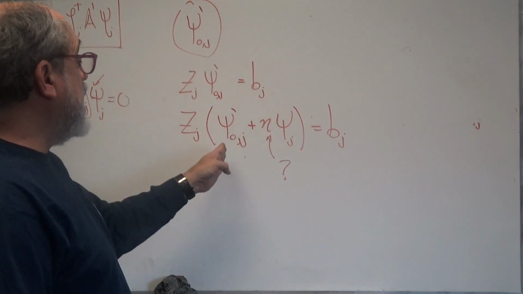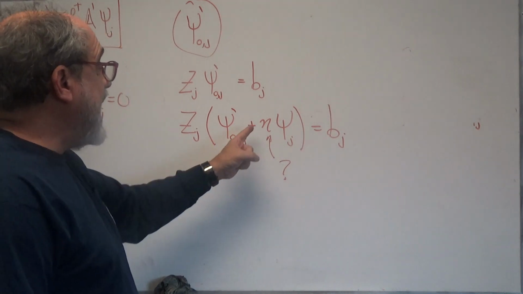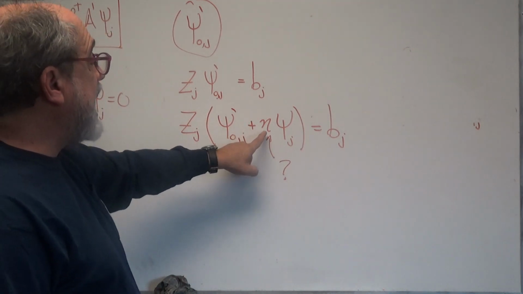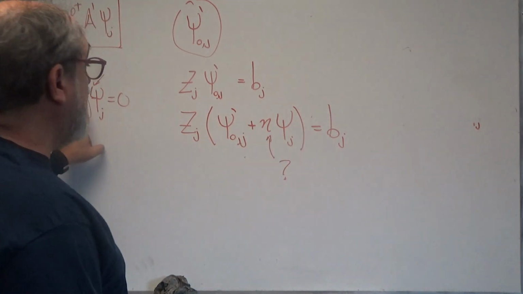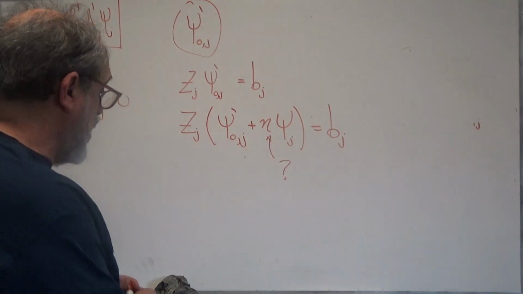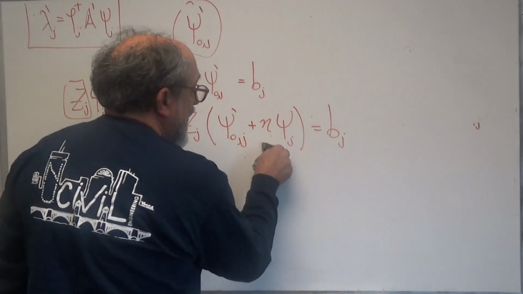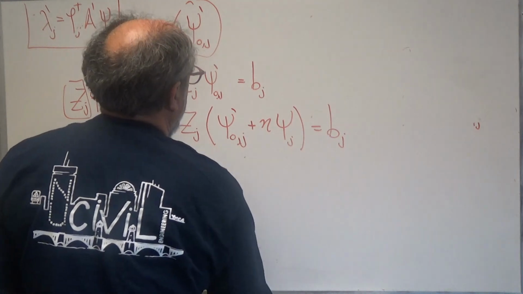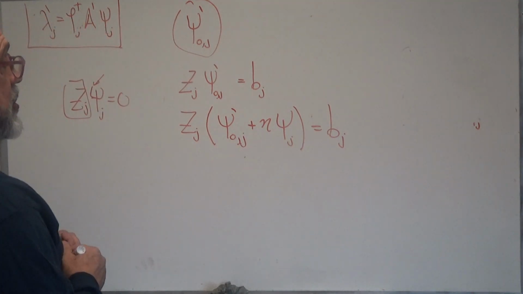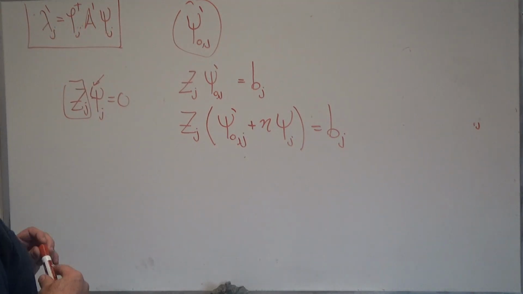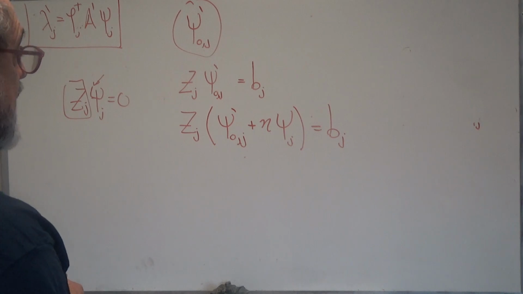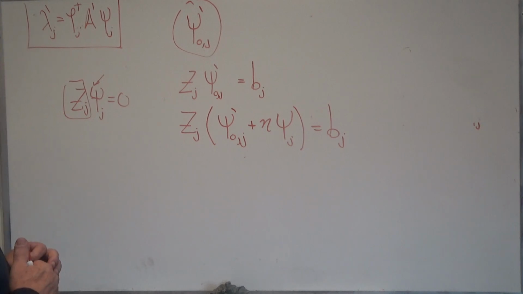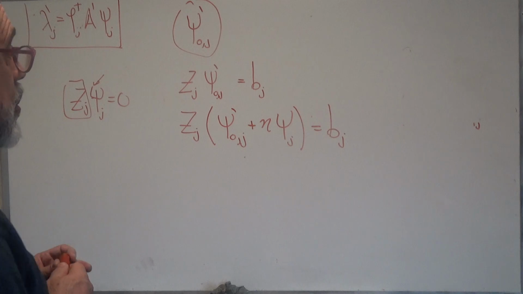What I'm saying is that when I find something that works, anything that works plus any number of times the eigenvector phi j will also work. And the question then is, how do we select the value of n? In the literature, there is a lot of discussion about how this n has to be selected, and as far as I can tell, sometimes significant confusion.